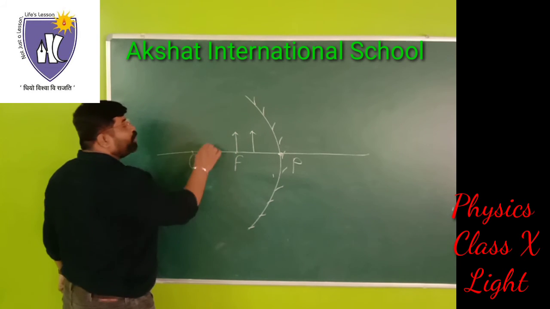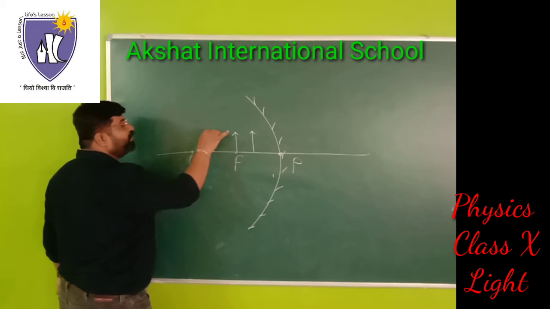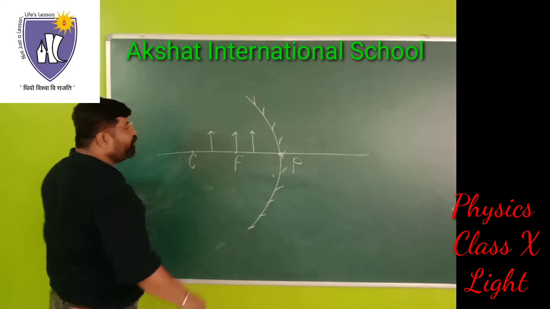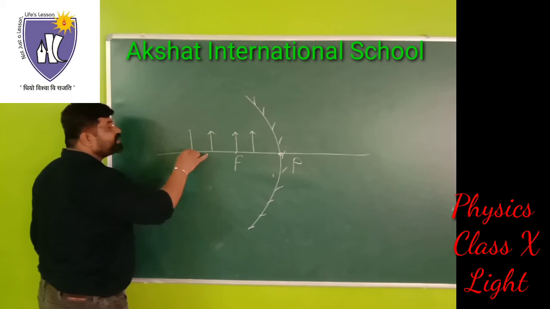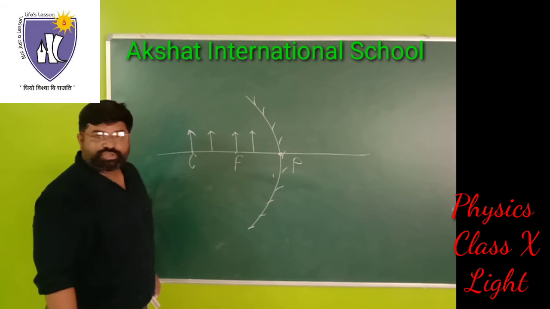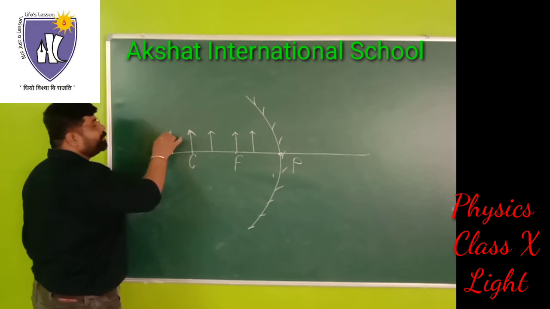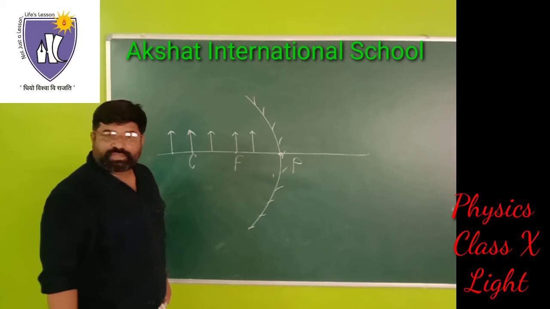Third position, when the object is kept between focus and center of curvature. Fourth position, when the object is kept at center of curvature. Fifth position, when the object is kept beyond center of curvature.